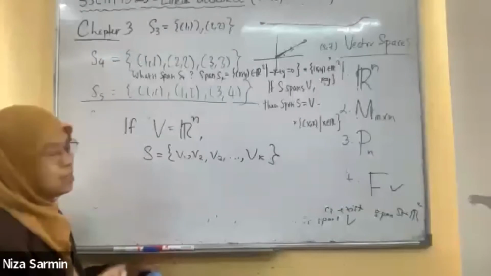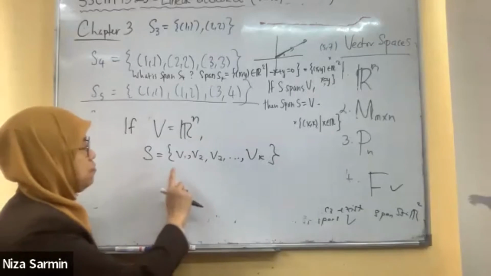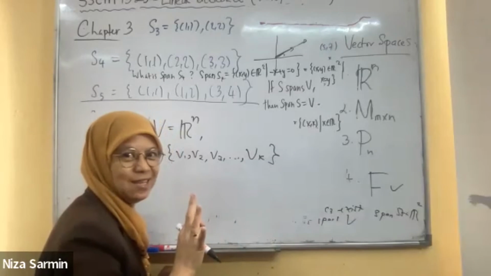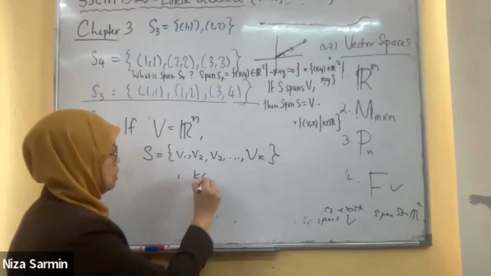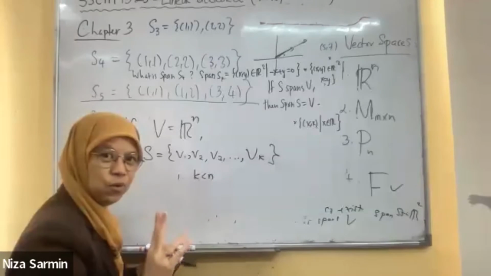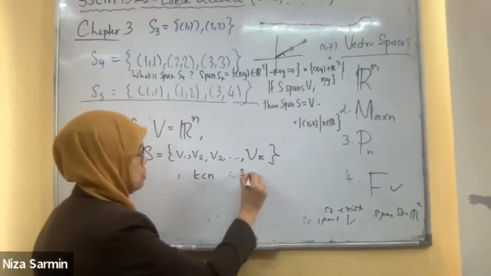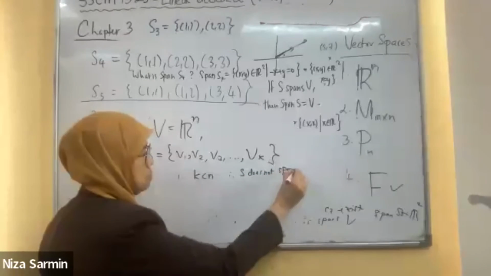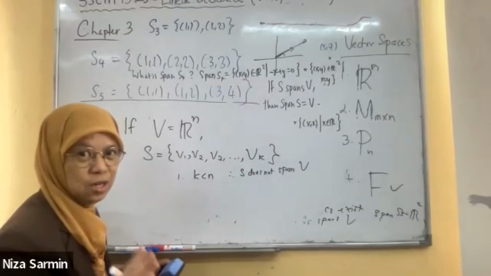Like just now, I gave you n is 2, and then I gave you k as 1, 2, 3. The first case is when k is less than n, like I gave you n is 2, k is 1. Then S does not span V. Not enough.